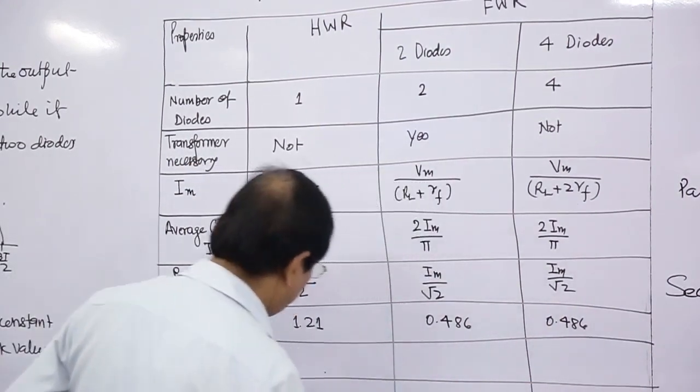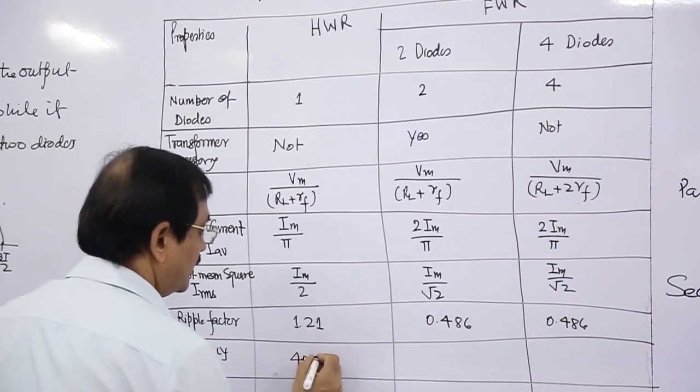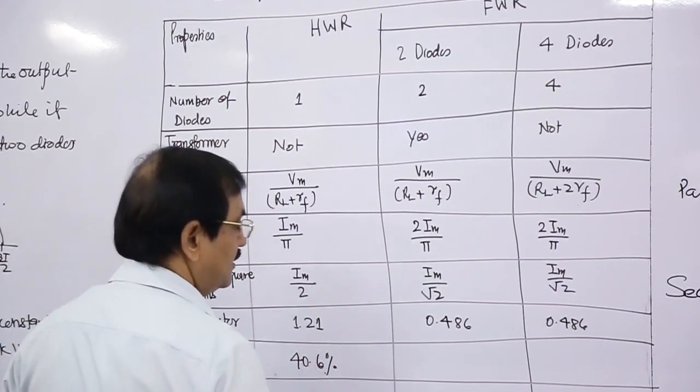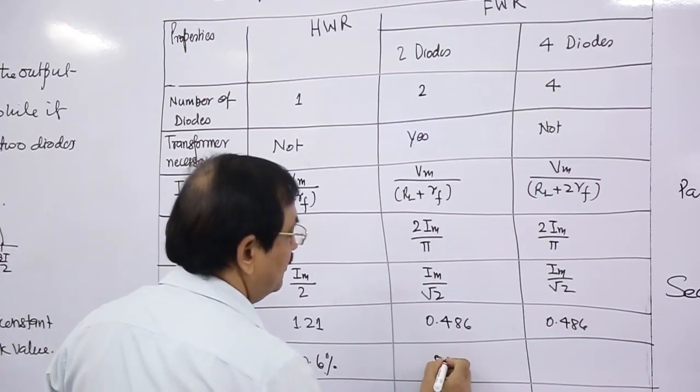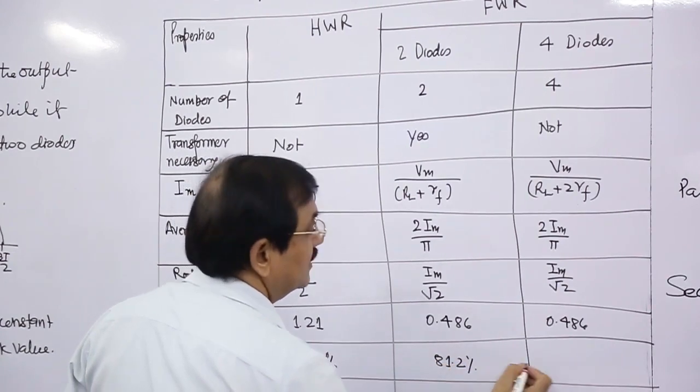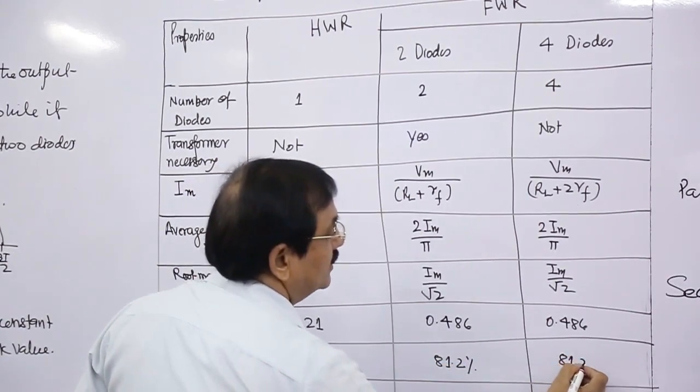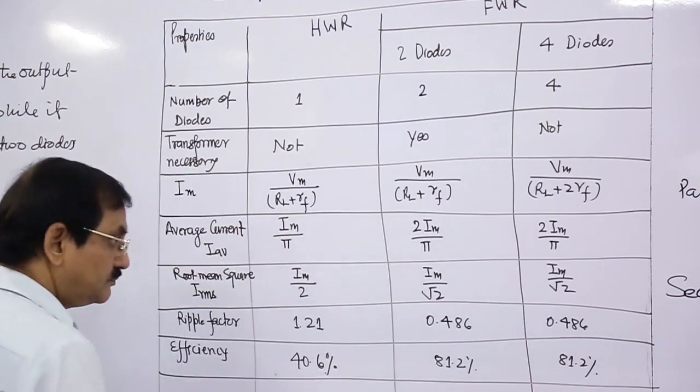Then efficiency, this is 40.6%, this is 81.2%, here it is 81.2%.